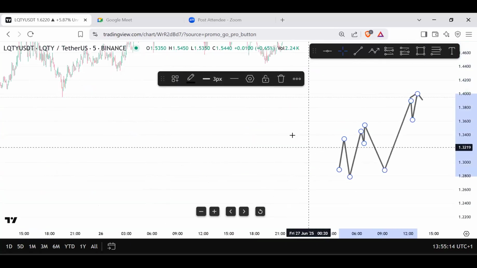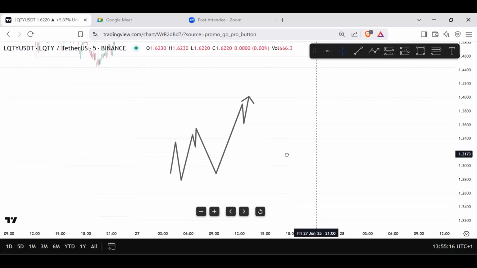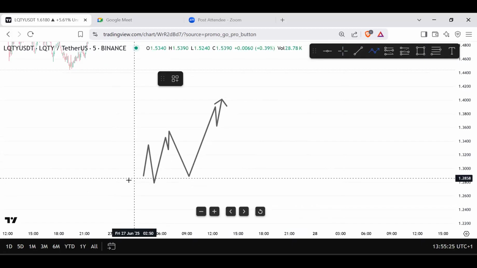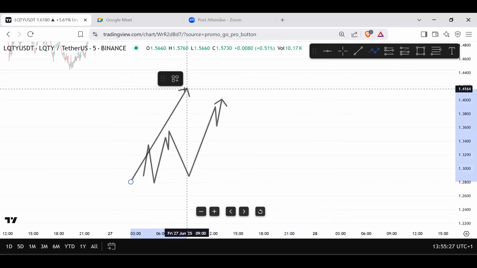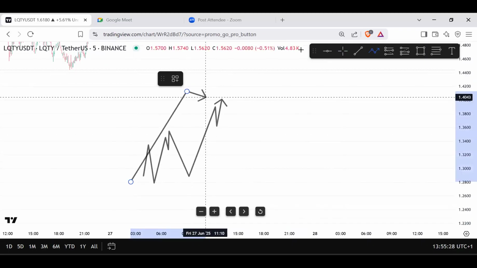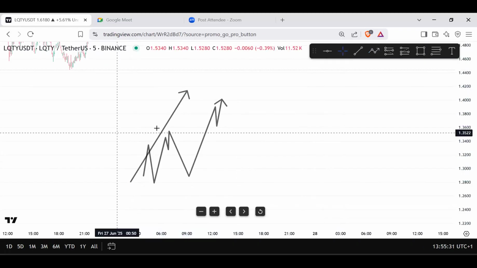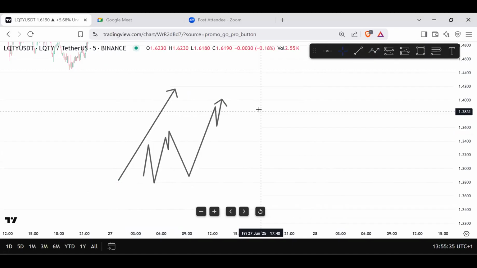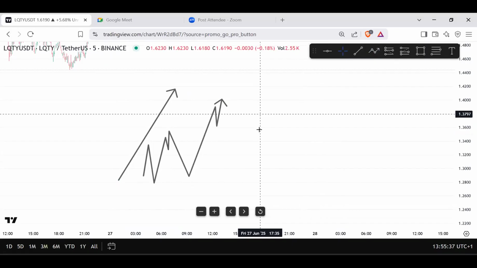So this is an impulse. It means price was going higher. So that's a bullish impulse.